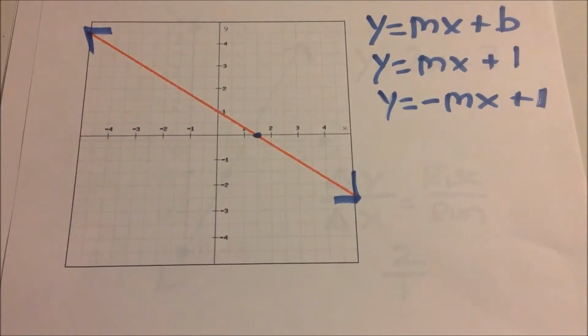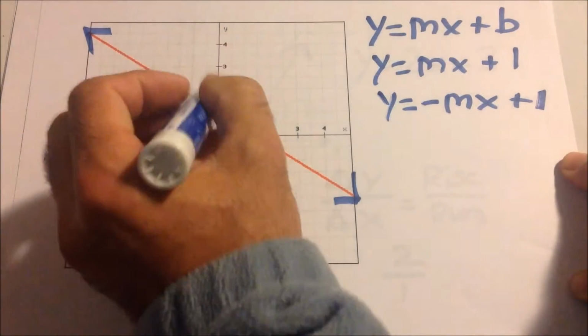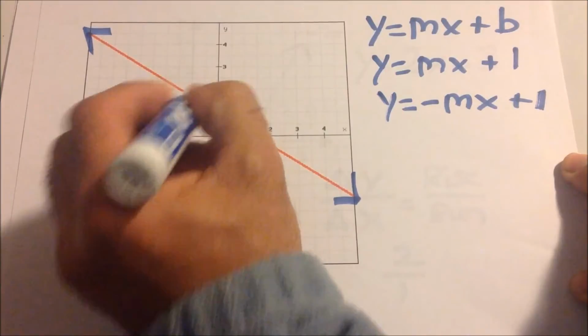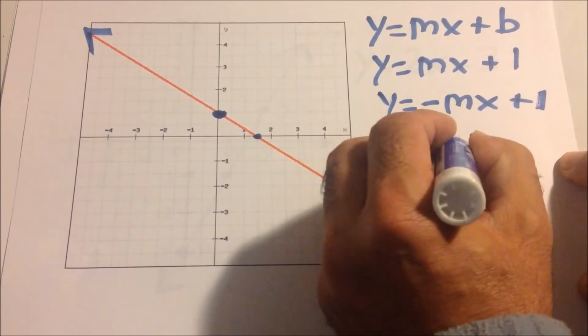But let's make sure. Here's a way of getting the slope. You need 2 points, 2 pairs on the grid. So here's a pair right there. Remember, x comes first, so x is 0 and y is 1.